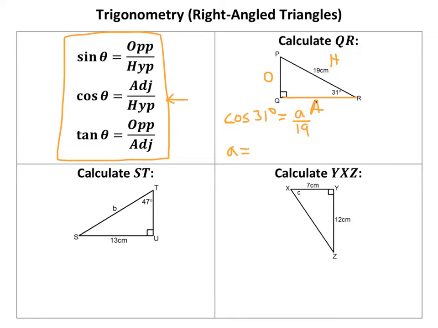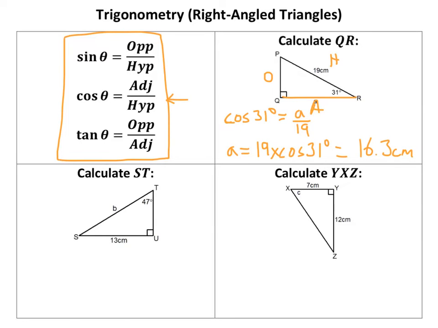At the moment it's A divided by 19, so to balance it out I need to multiply by 19, and we get 19 times cos 31, which I'm going to put in my calculator. Make sure your calculator is in degrees mode. 19 times cos 31 equals 16.3, and the units are centimetres.